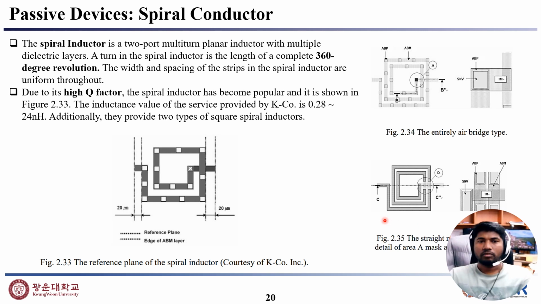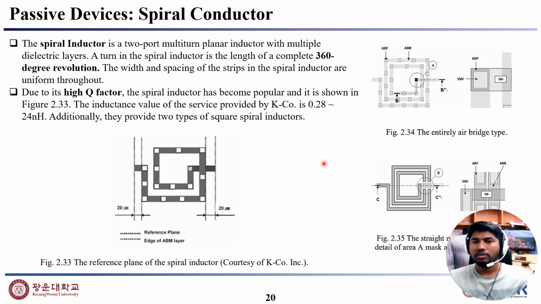Then a spiral conductor. The spiral conductor is a two-port multi-turn planar inductor. You can see from here, and a turn in the spiral inductor is the length of a complete 360-degree revolution, and the width and spacing of the strip in the spiral inductor are uniform throughout.